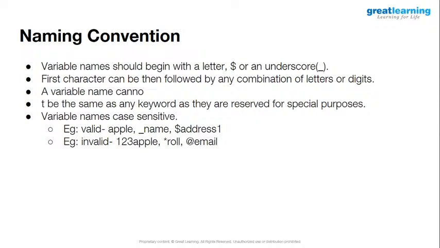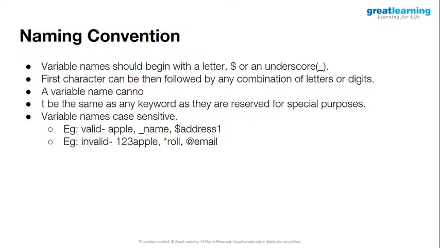You can start the name with this small dash, which is called an underscore, or with an alphabet letter, or this dollar sign. These are valid characters with which we can define our variables. That means in the naming of our variables, you can't start with a numeric digit, like 1 2 3 apple. This is a wrong way to define a variable. You will get an error.